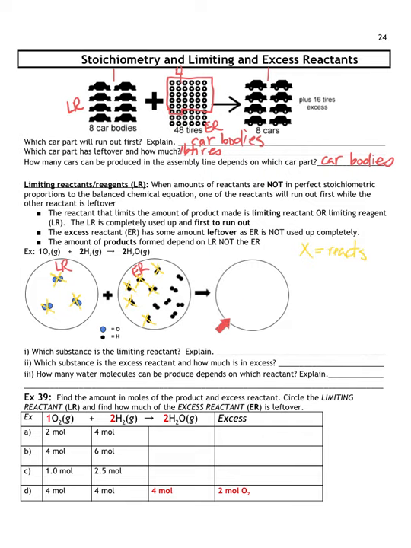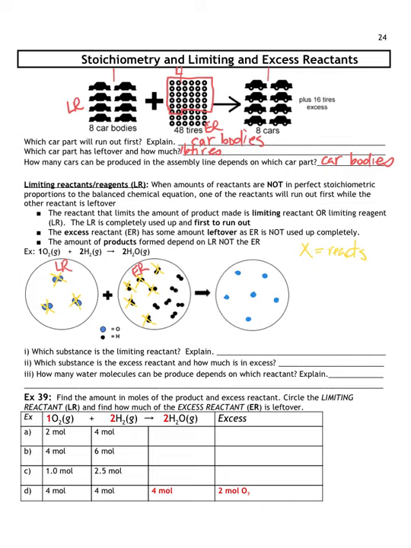Now, how much water vapor is made depends on the limiting reactant, which is oxygen. And notice each oxygen molecule has 2 atoms, so there are really 6 oxygen atoms. I know the ratio: if I have 3 of these, I'm going to make twice that, which is 6 water molecules. So I'm going to draw 6 water molecules: 1, 2, 3, 4, 5, and 6.